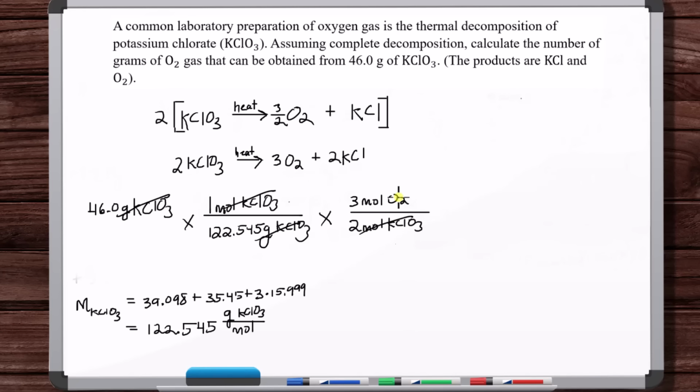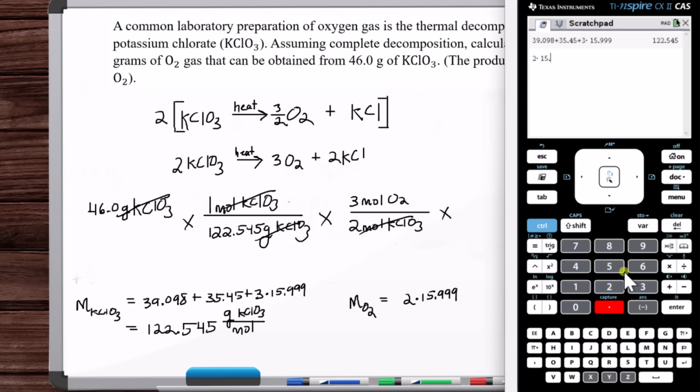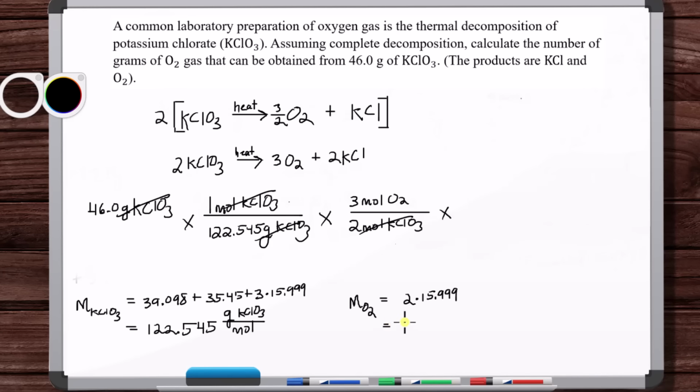But we want to get to grams of O2, so now we need the molar mass of O2. This is 2 times 15.999, which is 31.998 grams of O2 per mole. So 31.998 grams of O2 per 1 mole of O2.